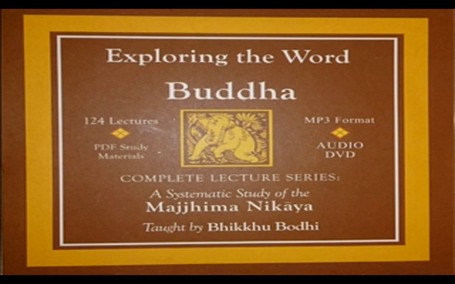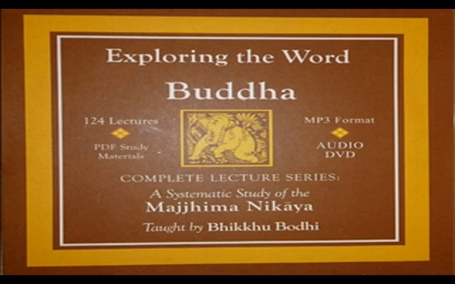Okay, so we are continuing now with the study of Majjhima Nikaya Sutta number 2, the Sabbasava Sutta. Last time I completed the discussion of the opening section of the sutta, where the Buddha lays down what is called the table of contents.